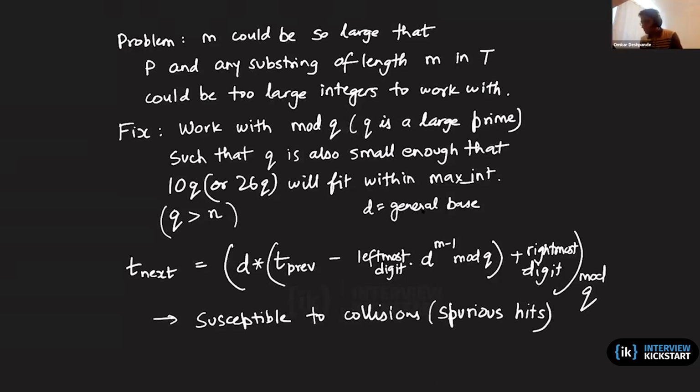To see how that could happen, let's go back to the example we saw. Let's say our pattern P is 31415. Since I'm just showing this with a toy example, let's say we've picked a value of q that is, say, 13, quite small. And let's say our text T is 23590.